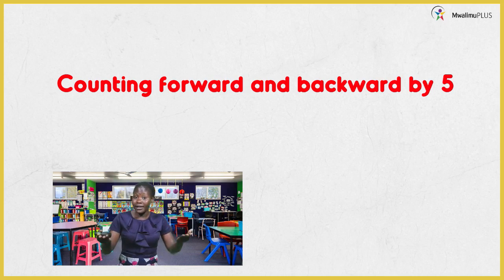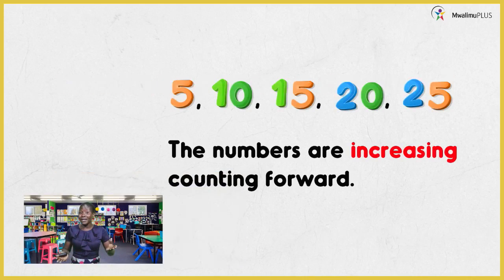Good. Now, check on the screen. There we have numbers. I know you know how to read them. So which numbers can you read from the screen? We have 5, 10, 15, 20, 25. What can we say from those numbers? The numbers are increasing from the lowest to the highest, 5 up to 25.